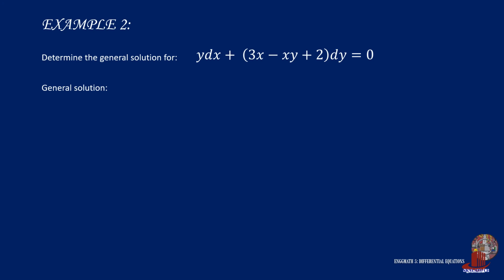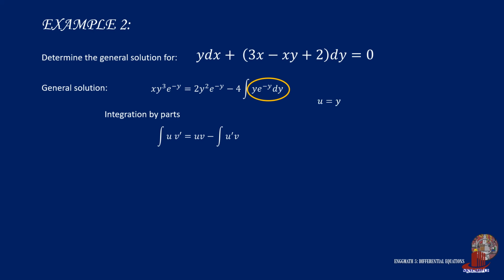The whole solution after the first integration by parts became simple, but it still requires another integration by parts on the last term. So again, denote u for y and its derivative is dy. The remaining part of the term is denoted as v prime, so integrate it to take v, which turns out to be negative e raised to negative y.